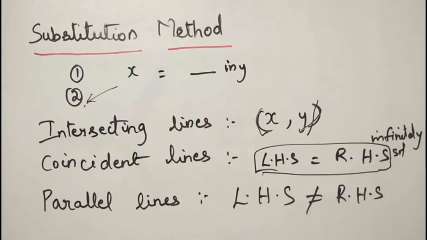Because they are parallel lines, they will have no solution, and you will observe that LHS is not equal to RHS. Now let us take examples for each case, and I will explain more clearly in each case, that is intersecting lines, coincident lines and parallel lines, how you will get the values of x and y.